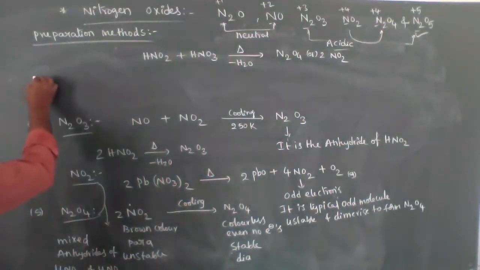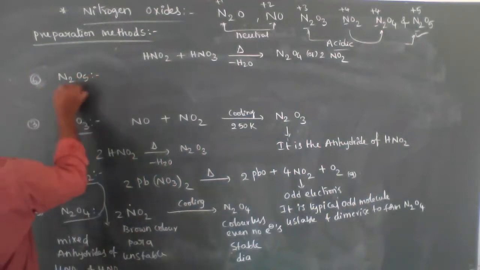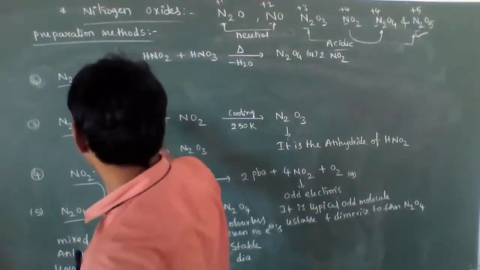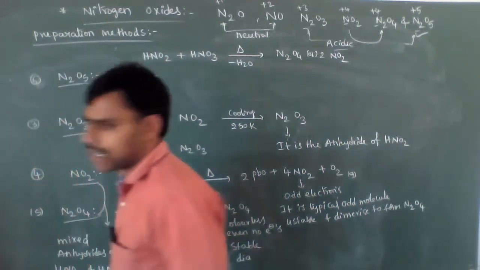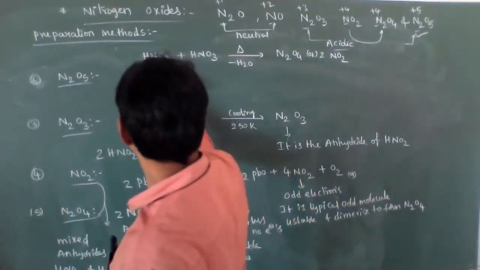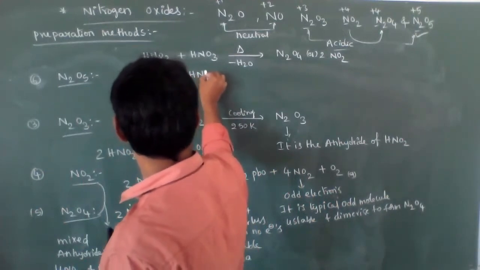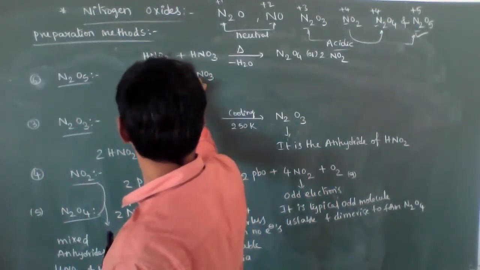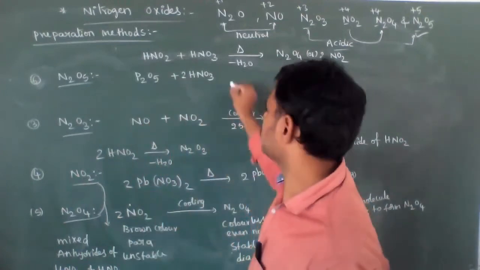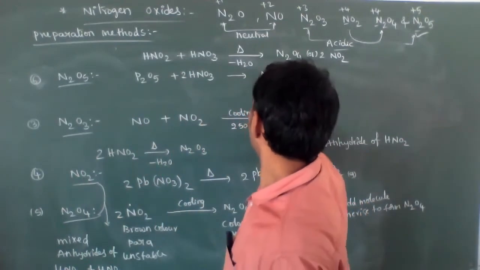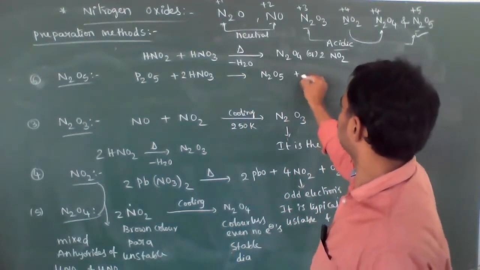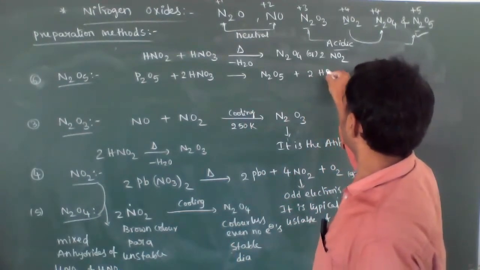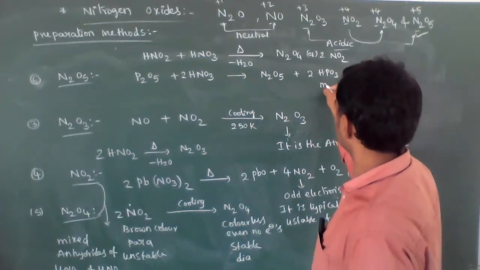The next one, the preparation method of N2O5. We can prepare N2O5 when phosphorus pentoxide, P2O5, is treated with HNO3. It forms N2O5, dinitrogen pentoxide, plus 2 moles of HPO3, metaphosphoric acid.